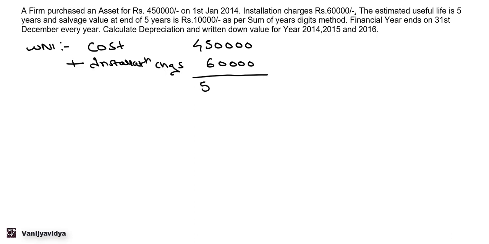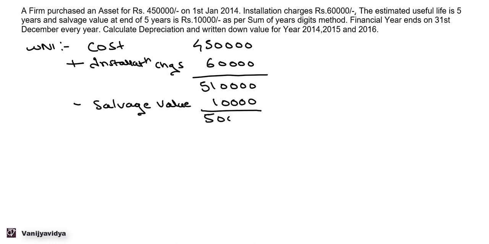So total cost is 5,10,000 less salvage value 10,000. So 5 lakh is the amount. Now this 5 lakh is a depreciable amount. This 5 lakh needs to be allocated over the period of 5 years. Okay.